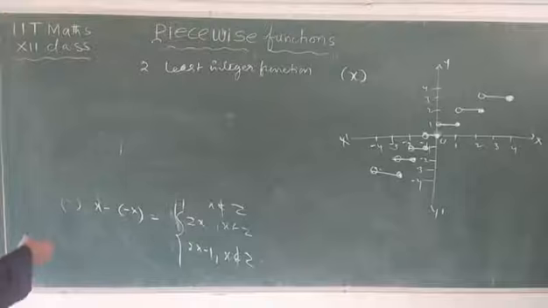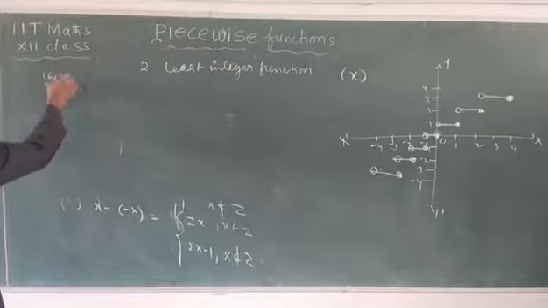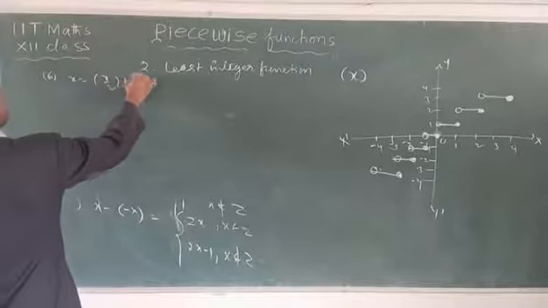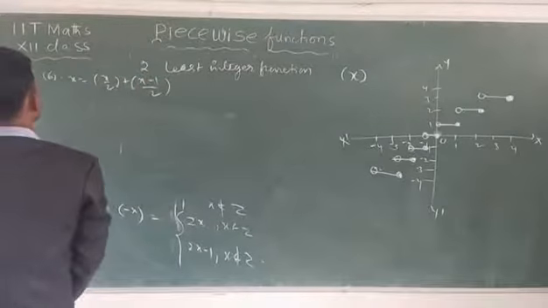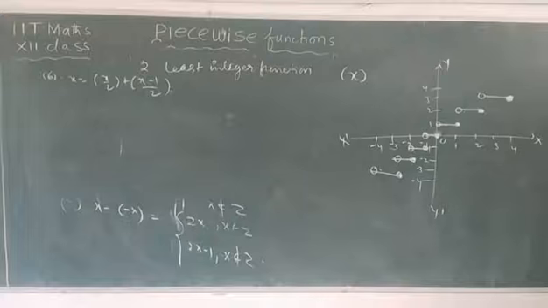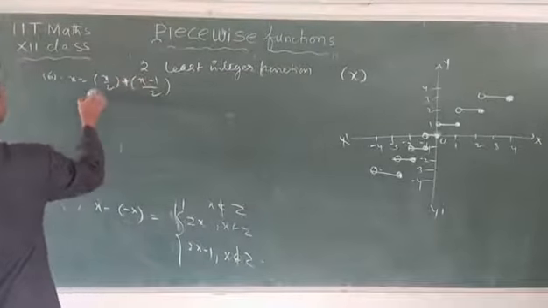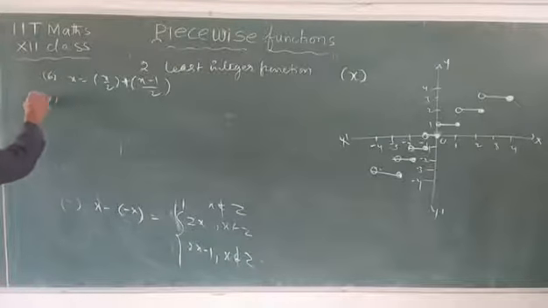Now fifth one completed. Sixth one: x is written as step of x by 2 plus step of x minus 1 by 2. You can substitute some values and you will get the answer.